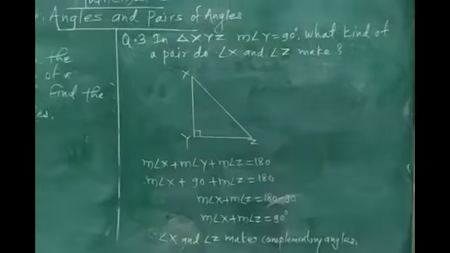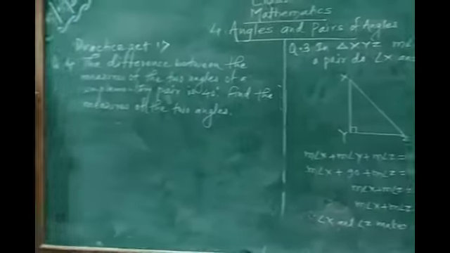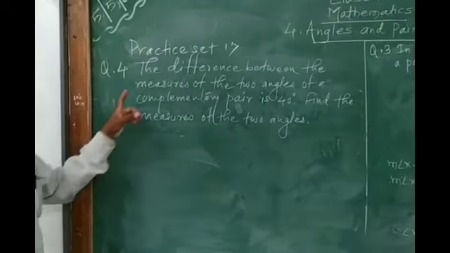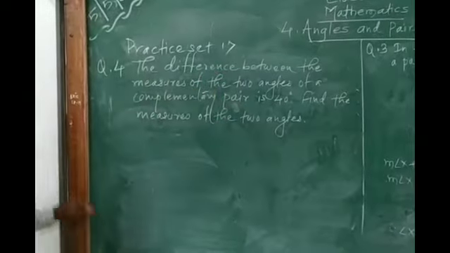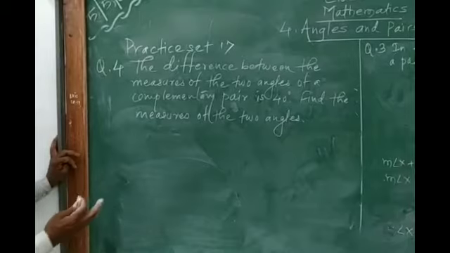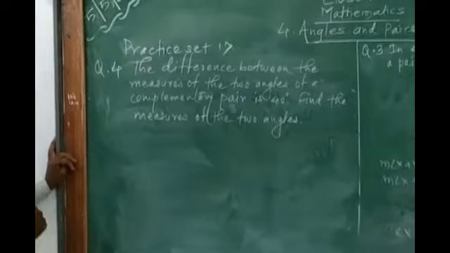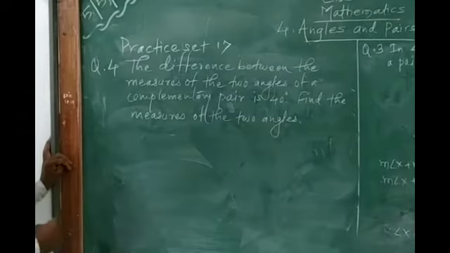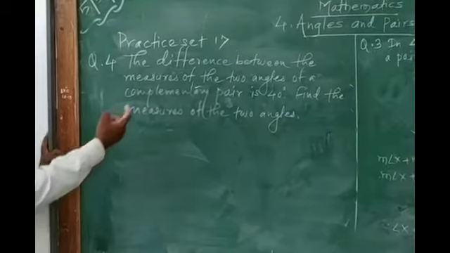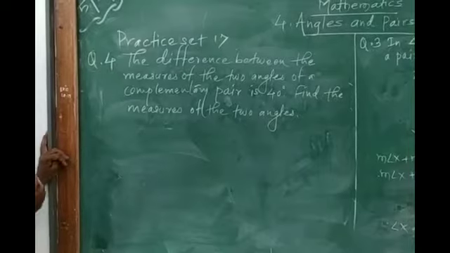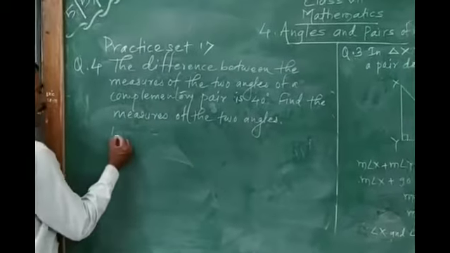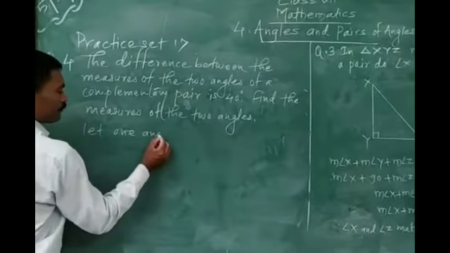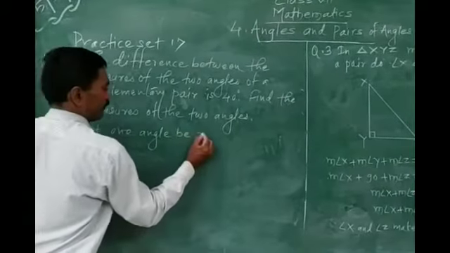Okay. Then, question fourth of practice set 17 is: the difference between the measures of two angles of a complementary pair is 40 degrees. Find the measures of the two angles. Okay. Now their difference is 40 degrees, given. We'll say let one angle be x degrees.